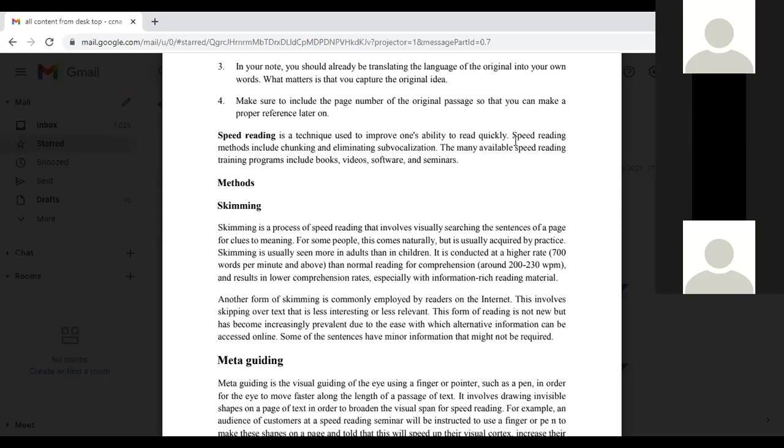When she's writing on the board, she uses the scale to guide you to read. Yes. So for speed reading, meta guiding is very important. So what is meta guiding? A tool used for reading quickly. If you quickly move your fingers, your eyes will follow your fingers. So this is called meta guiding.